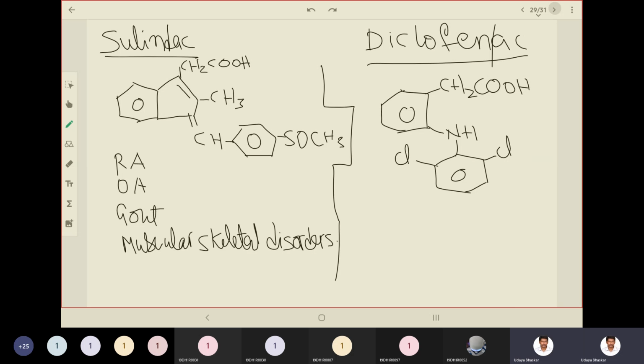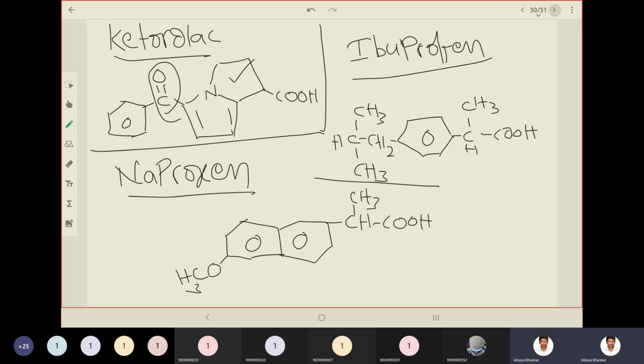Then we saw ketorolac and ibuprofen, and the synthesis of profen, where the starting material is isobutyl benzene, to which we added acetyl chloride through Friedel-Crafts acylation. We got 4-isobutyl acetophenone. Then we added hydrogen cyanide, and the cyanide group comes in, and we oxidize it to COOH.